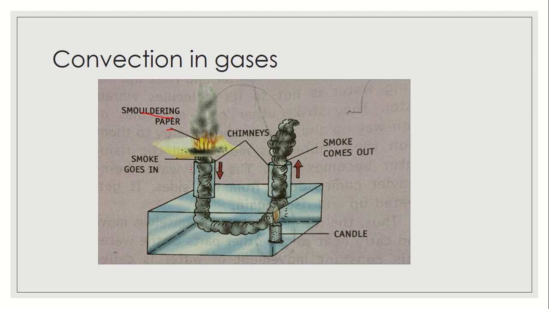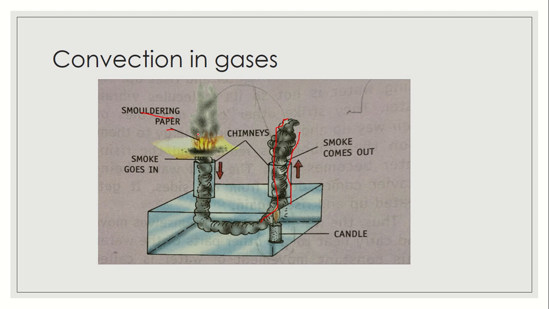Now when it starts burning, the smoke enters through the chimney over here, and place a candle below the other chimney, so that the smoke gets heated, starts rising up and increases in volume, and it will get out of the other chimney. This process keeps happening until the smoldering paper is burning.